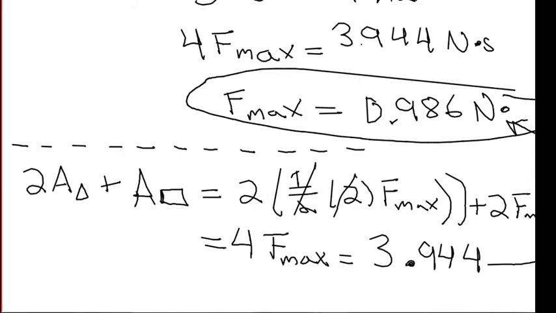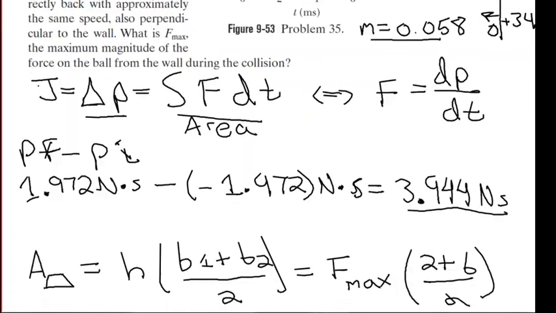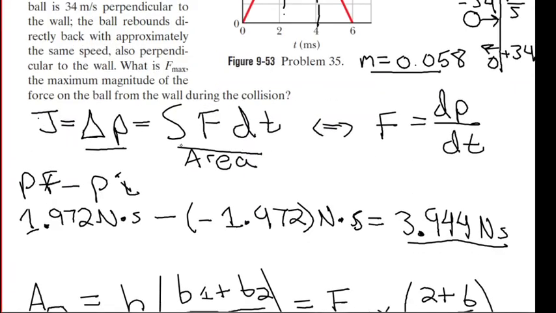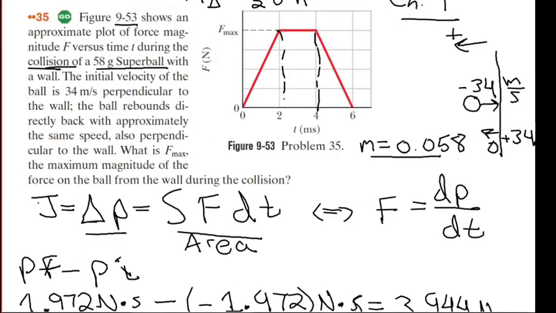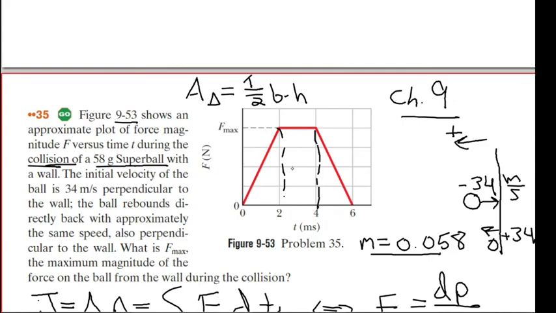So the crucial thing here is just understanding how the change in momentum is related to force if we have a graph of it. Anytime they actually give you a plot of the force, you can always try to calculate the area underneath it. Obviously, this is a nice graph because it's very easy to break down geometrically, but sometimes it might not be the case.